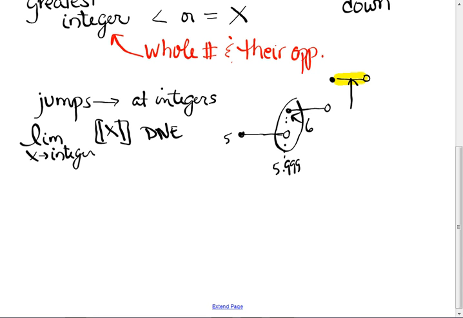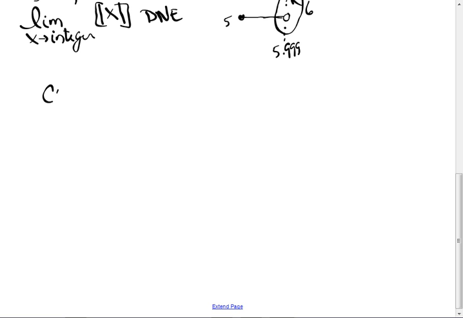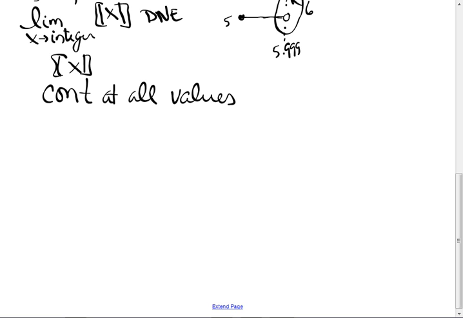It's continuous everywhere except at the integers. Just the way I said it. Continuous. Greatest integer function is continuous at all x values except, you have to use English, except when x is equal to an integer.